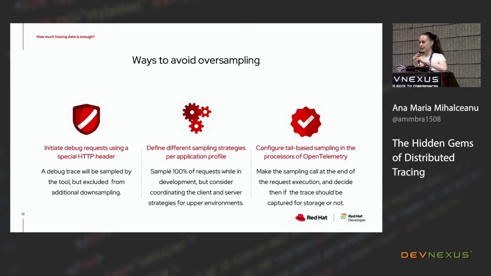And oversampling, as the name says, is when you get too much information about your transaction. To avoid oversampling, I would say there are three solutions, from my point of view at least. One of them is using requests for debug with a special HTTP header.